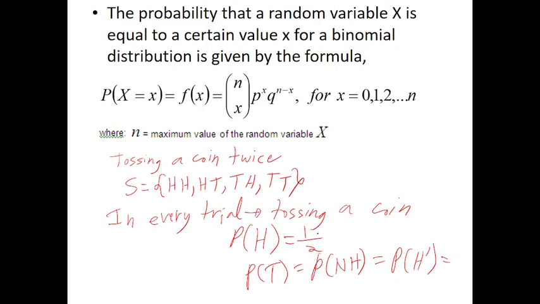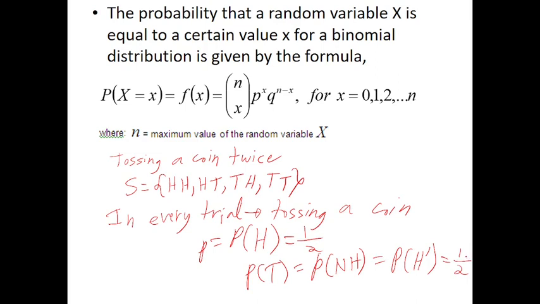Probability head is 1/2, probability not head is 1/2 as well. So probability head is denoted by lowercase letter p. This is the probability of success. On the other hand, we have P of H prime, meaning not getting a head, which is equal to 1/2 as well, right?